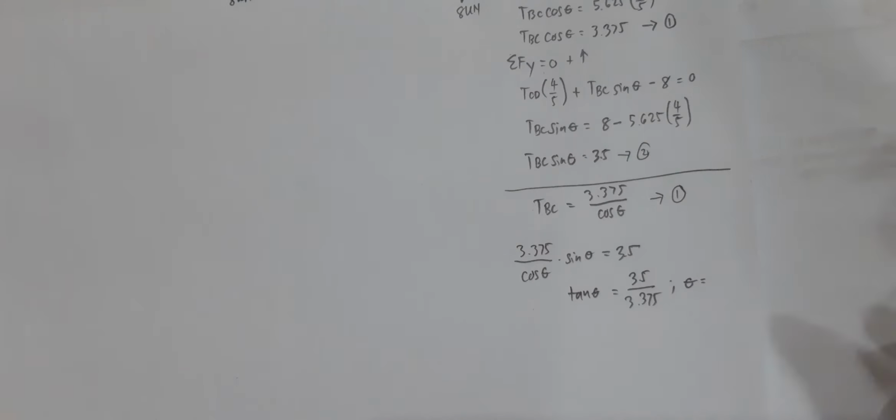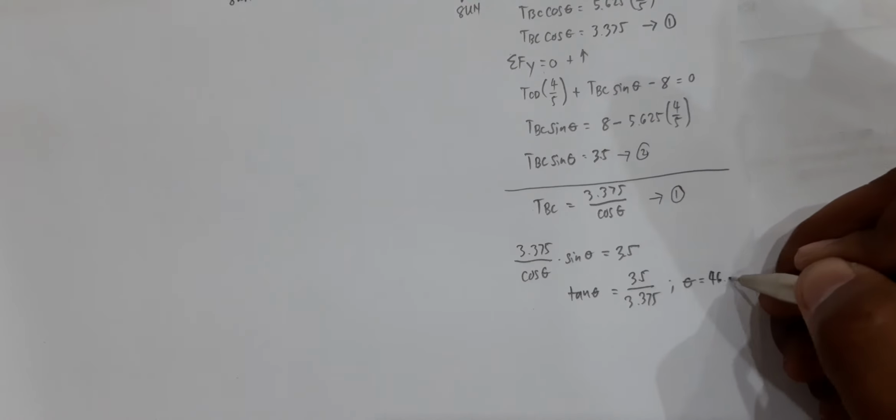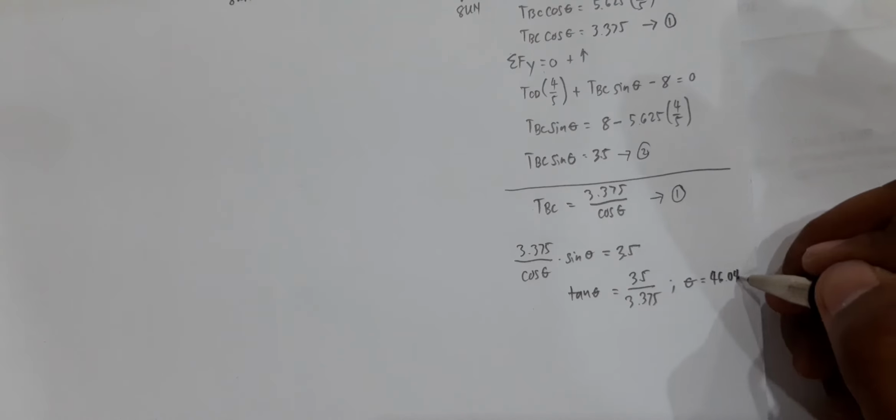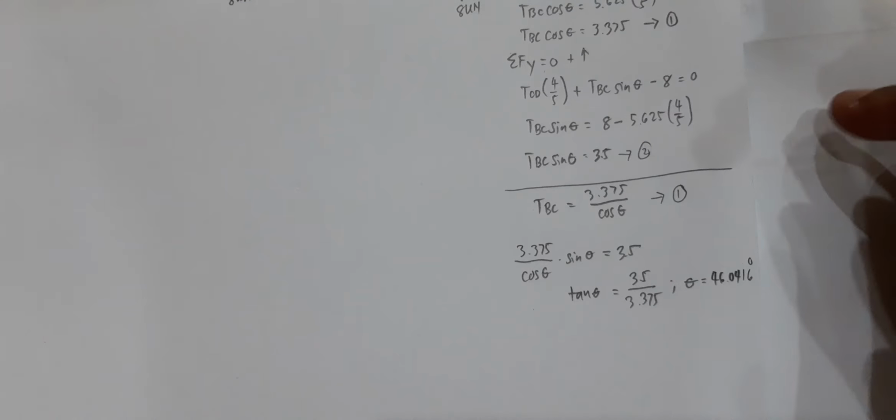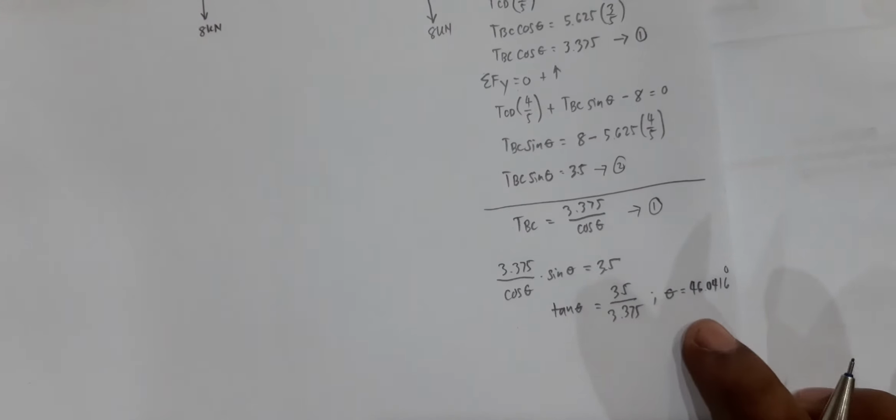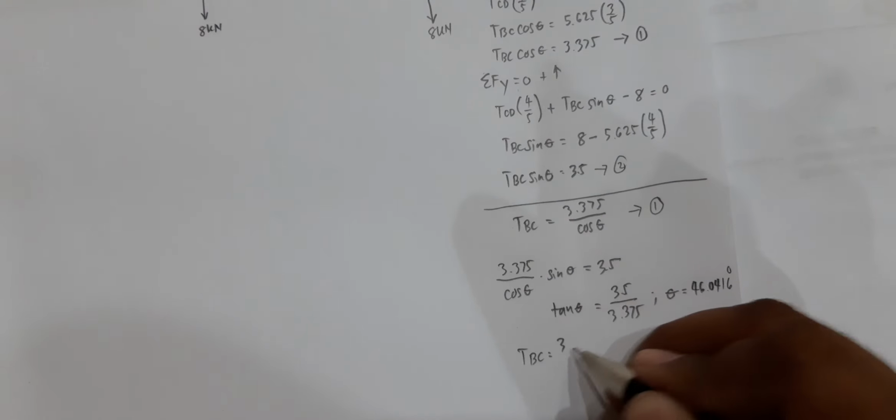You have their value for theta is 46.0416 degrees. Okay, next, since you now have the value for theta, you can calculate for TBC, or tension for BC. That one is equal to 3.375 divided by the cosine of theta, which is 46.0416.